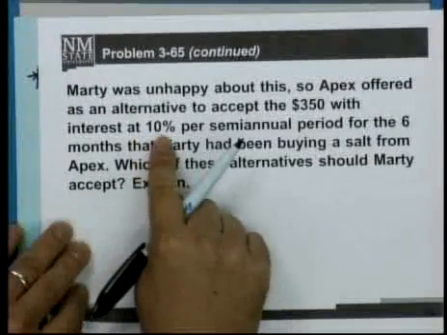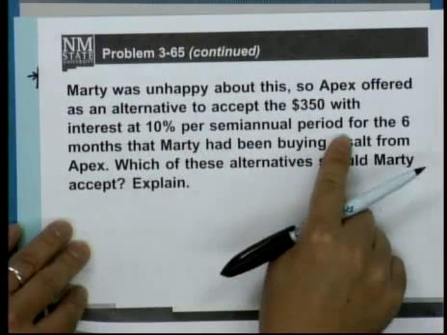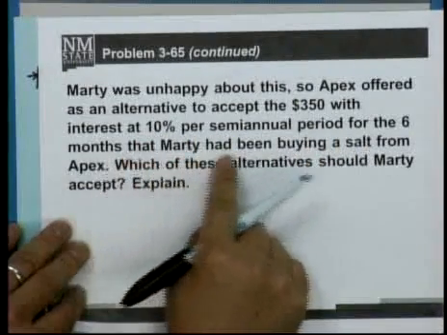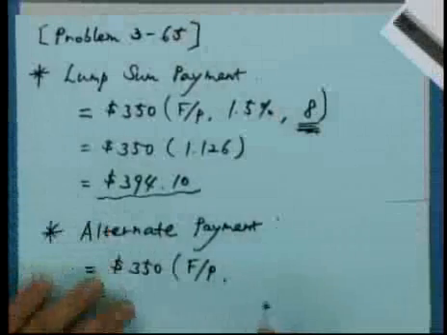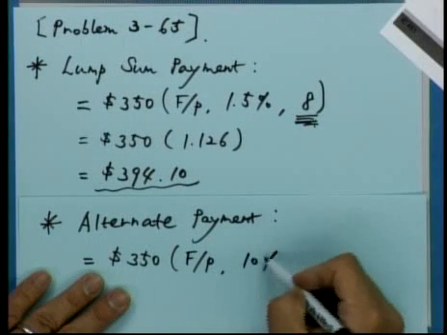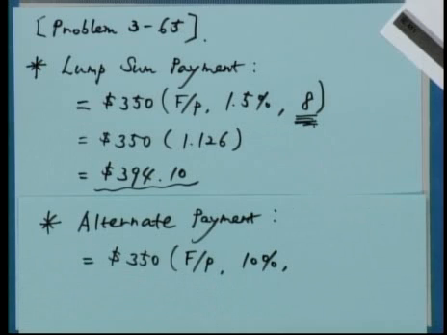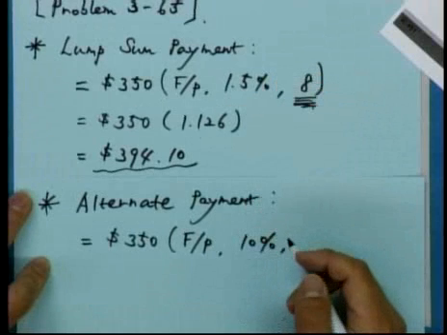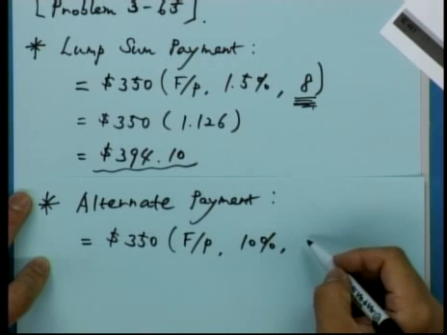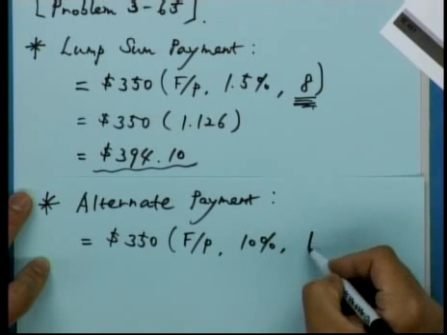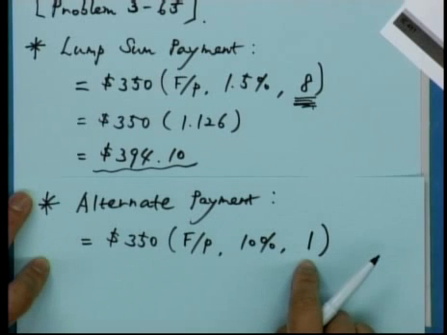The company offers 10% per semi-annual period for the 6 months that Marty had been buying salt from Apex. Okay? So we are going to use 10% per 6 months period, which is semi-annually, for the 6 months, right? So the value of N would be 1, because there is one 6-month period within 6 months, right?